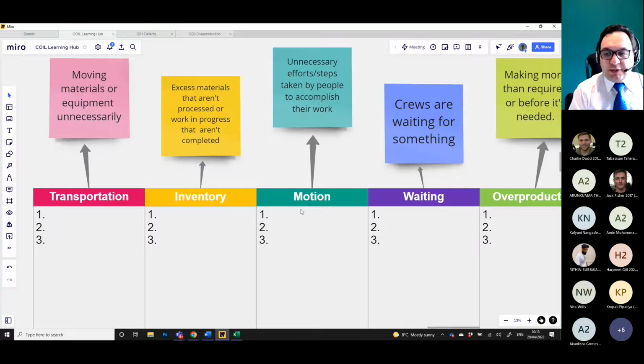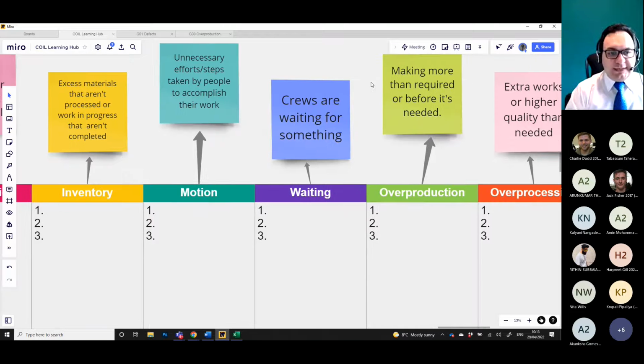So extra steps people take to do something. For example, it's not required, but we go through double standards or something like that. These are called motion waste. Or we use tools or equipment that are not suitable for that particular type of job. So all of these things are motion based, and I will show you some examples and photos of site to clarify this.